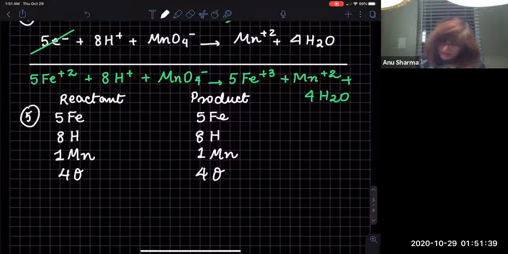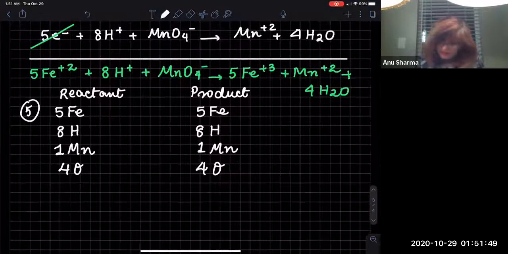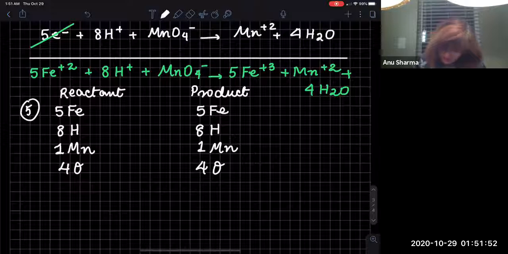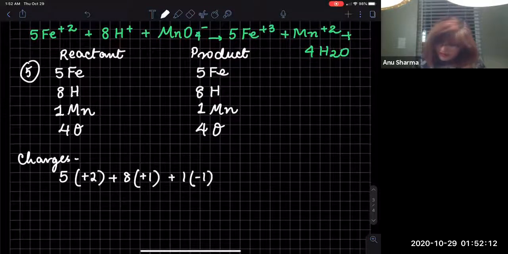Now let's look at the charges. Bring all the charges on one side. So 5 times plus 2 charge plus 8 times plus 1 charge plus 1 permanganate times minus 1 charge. This whole thing adds up to 17.